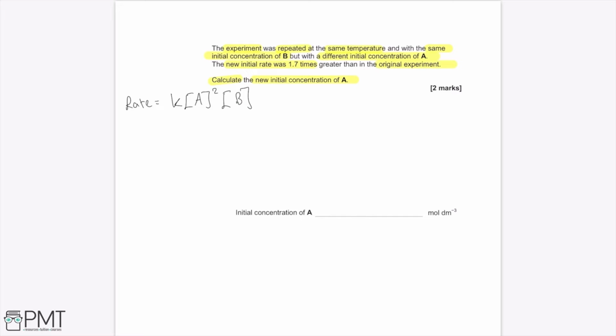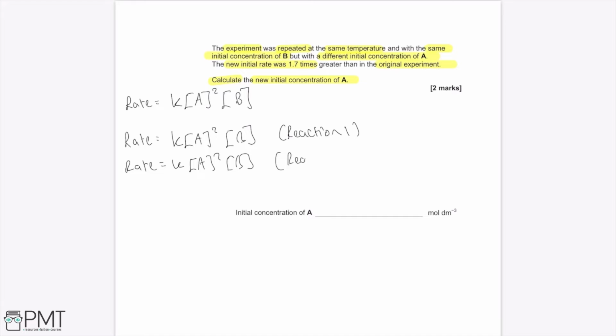And if we write this out twice, we will get the rate equals K multiplied by the concentration of A squared multiplied by the concentration of B. And then also the rate equals K multiplied by the concentration of A squared multiplied by B. However, we now know that the new initial rate for reaction 2 was 1.7 times greater than the original experiment, where the initial concentration of B has stayed the same and only the concentration of A has changed.